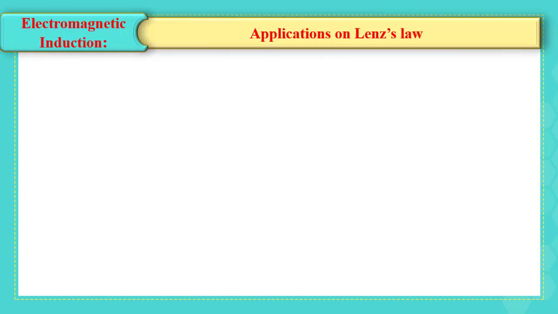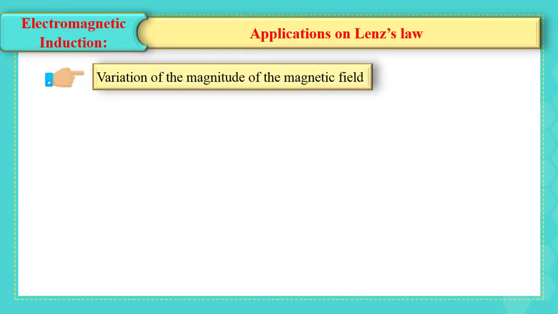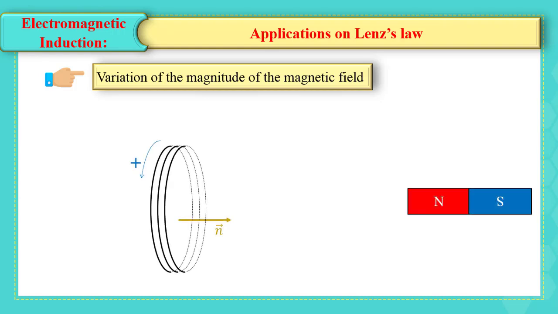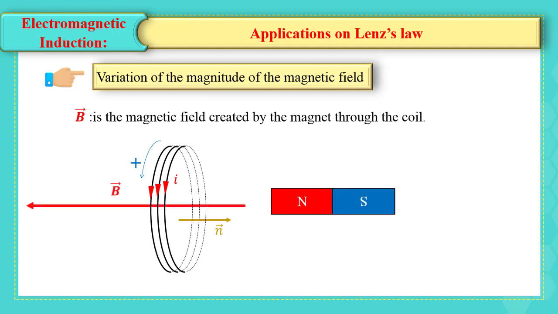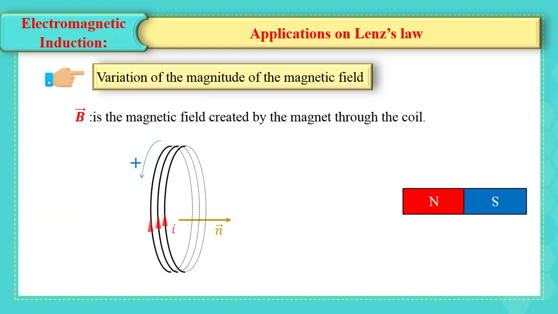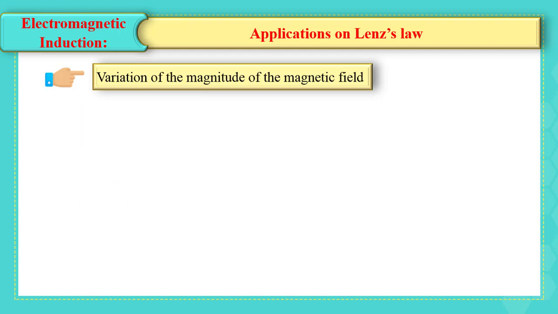Applications of Lenz's law. Variation of the magnitude of the magnetic field. In this experiment, we are going to use a coil and a magnet. As the magnet approaches the coil, the inducing magnetic field B created by the magnet traversing the coil increases, while as the magnet moves away from the coil, the inducing magnetic field B created by the magnet traversing the coil decreases.